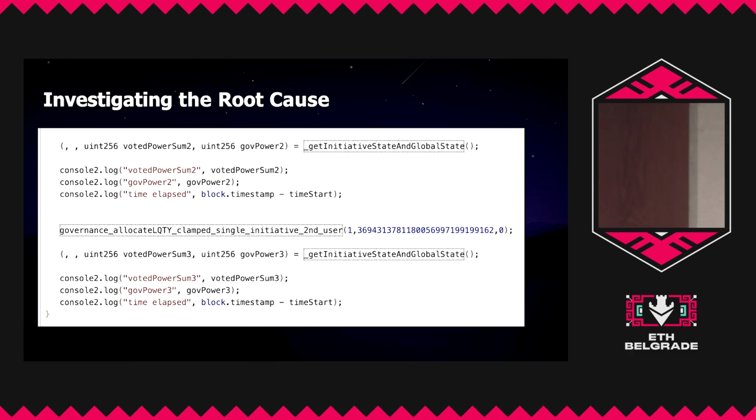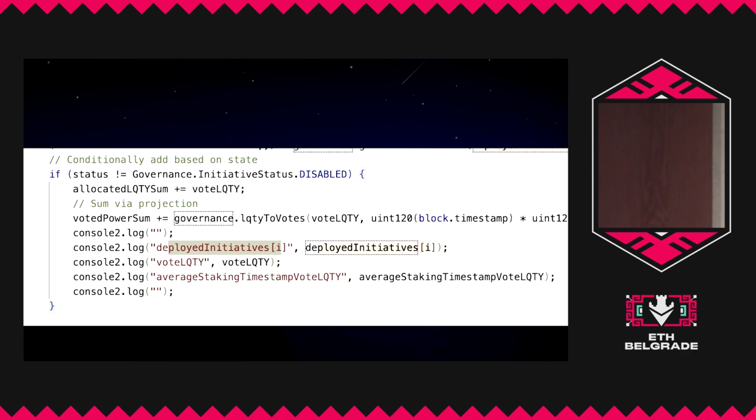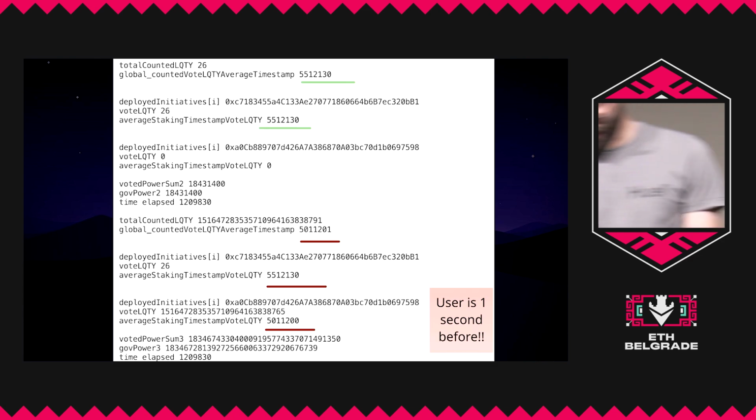In doing that and voting with 100% of a user's voting power, since we're using Foundry, we can quickly debug it using console.log, although one day hopefully we'll get the runtime verification debugger to work with cheat codes. Off of that, you can see that we are still off by 1 second, when comparing the global liquidity average timestamp versus the average staking timestamp of the initiative.